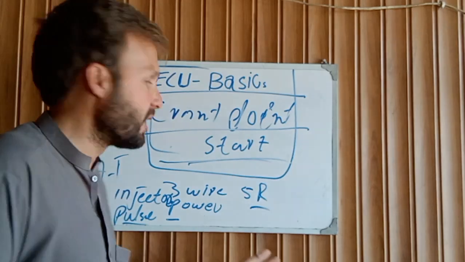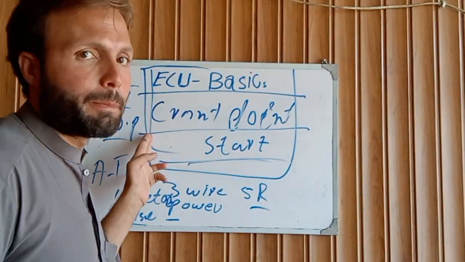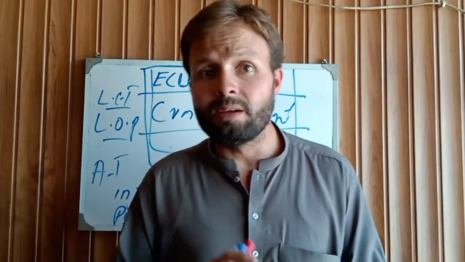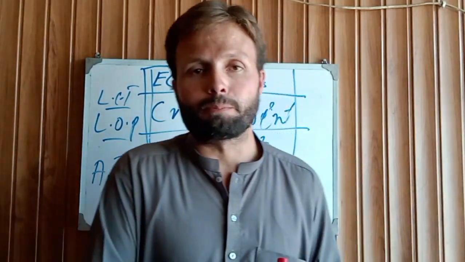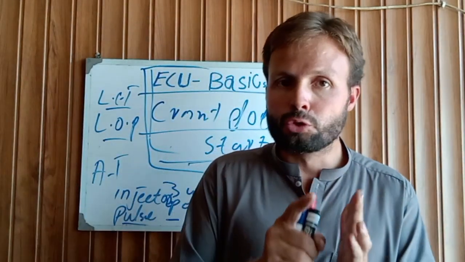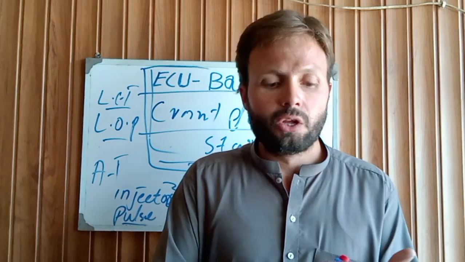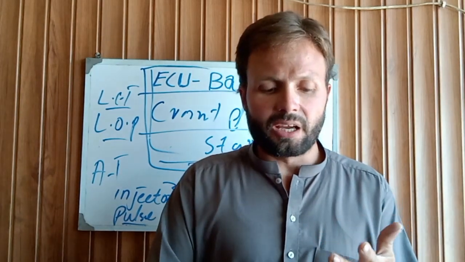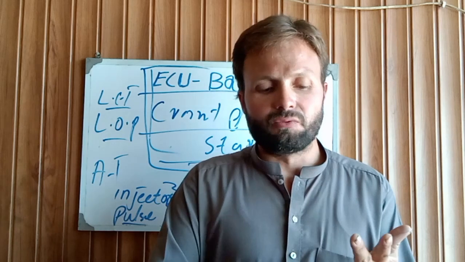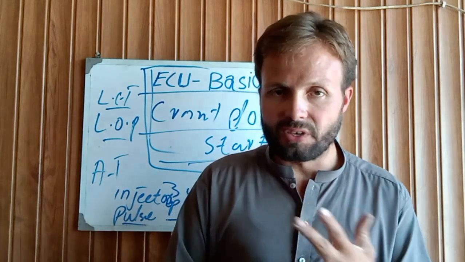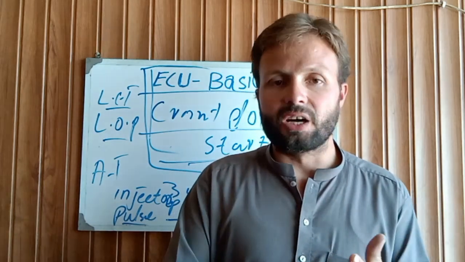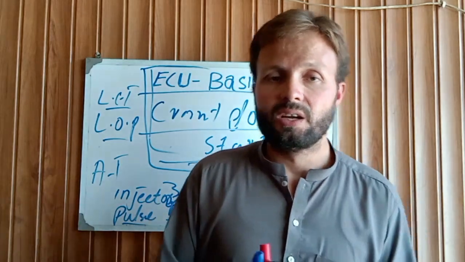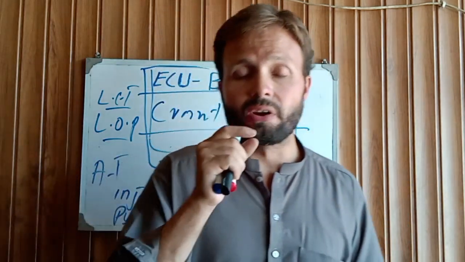Then another check is the camshaft position sensor and crankshaft position sensor. How to check the camshaft position sensor and crankshaft position sensor? You need to take a multimeter reading between the 5 volt. First of all, check the 5 volt reference, and then check the camshaft position sensor, which is a Hall effect sensor. This is like a small AC generator.